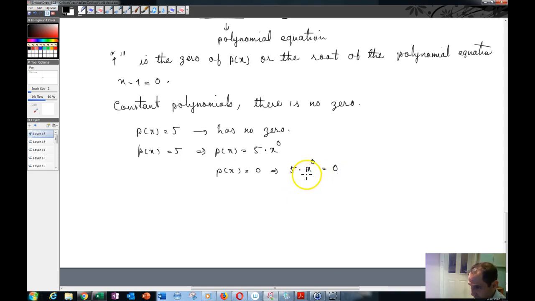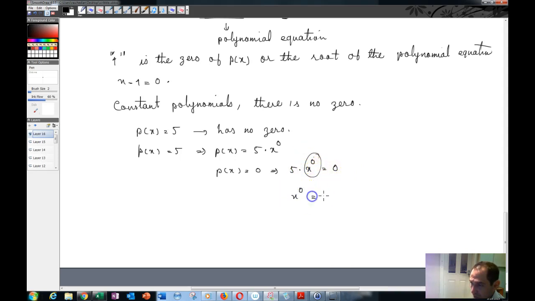And this is basically impossible, because there is no x that can fulfill this condition, meaning that you are multiplying some number by 5, and the result is 0, meaning that number has to be equal to 0.